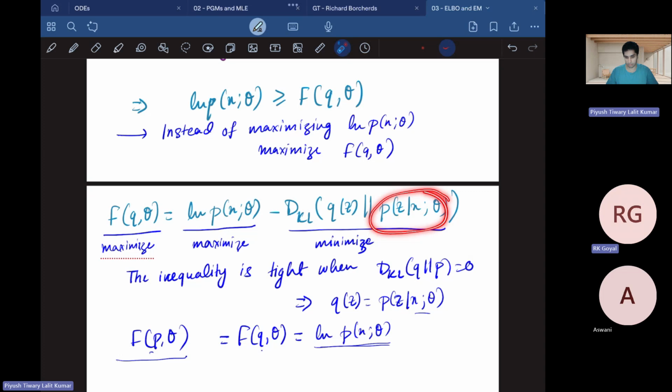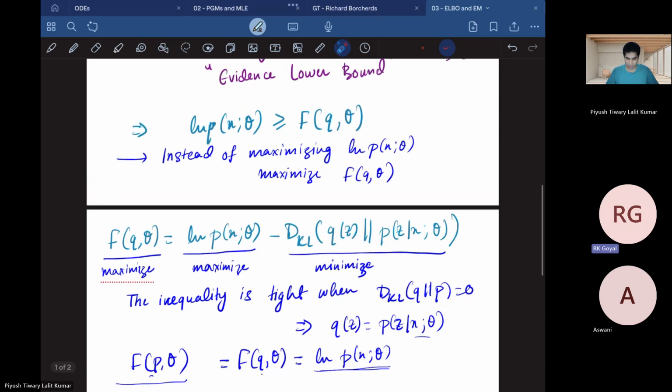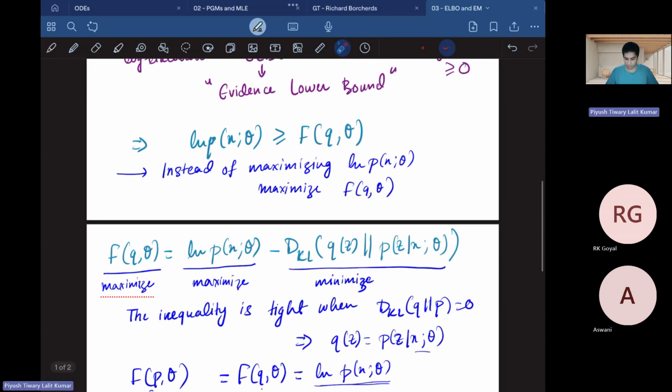But while taking the help of the P distribution, I require P of Z given X, and Z is totally unknown to us. So neither do we know the left hand side nor the right hand side. No, this is something that we will be able to calculate. How? Z is a latent random variable, right?